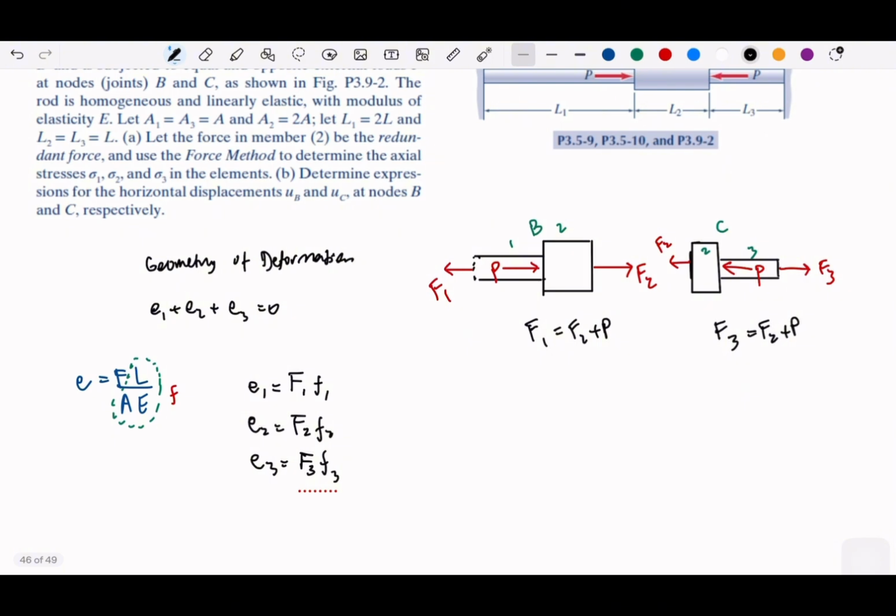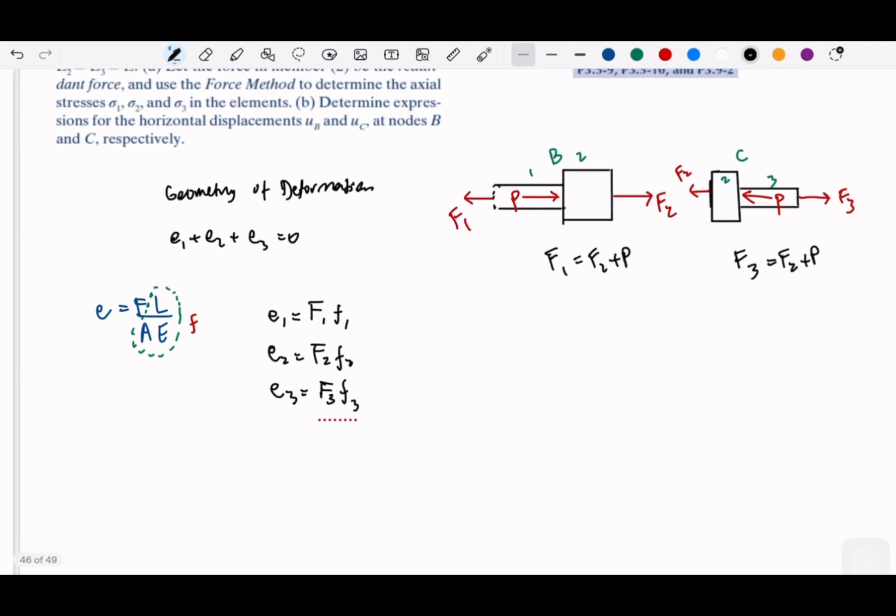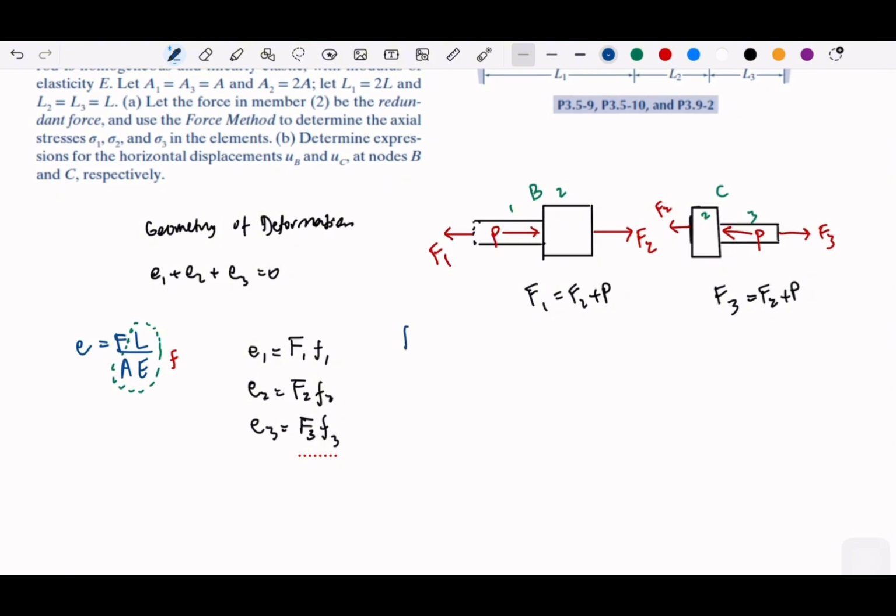Okay, now the next is our A and E, which will be based on the information given. A1 is equal to A3, which is A, A2 is 2A, L1 is 2L, and L2 and L3 will be L. So we can change all with that information. So we can have F1 is, let me write L1, A1, E1.